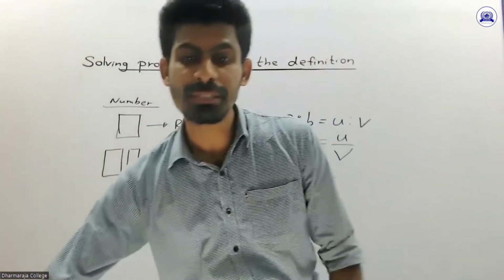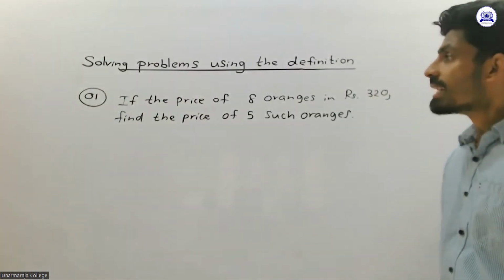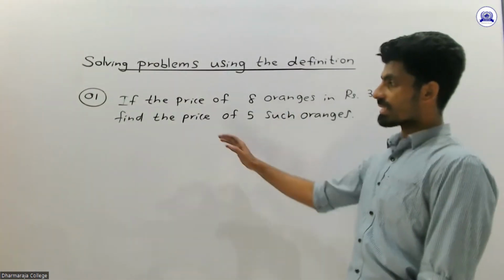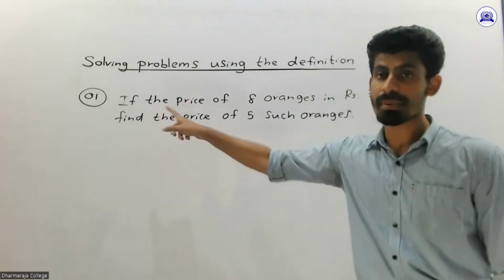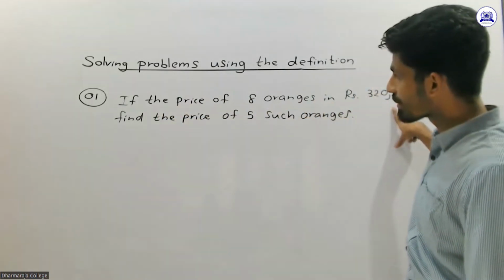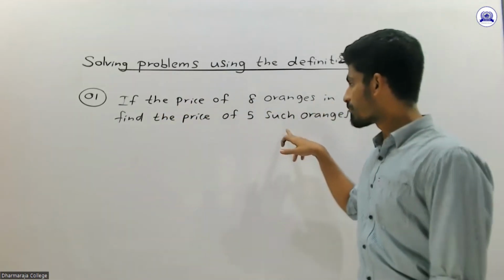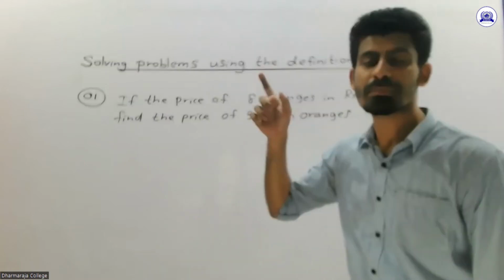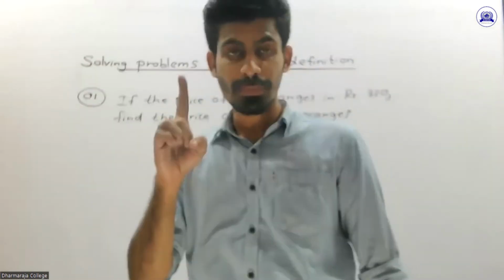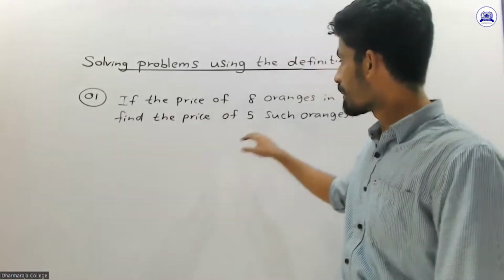This is my first question. If the price of 8 oranges is 320, find the price of 5 such oranges. In the previous method, we found the price of 1 orange, then multiplied by 5.